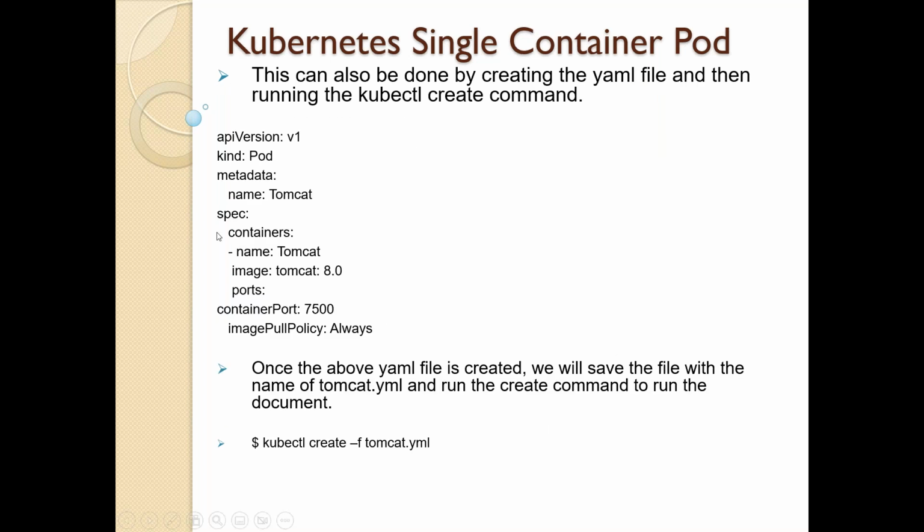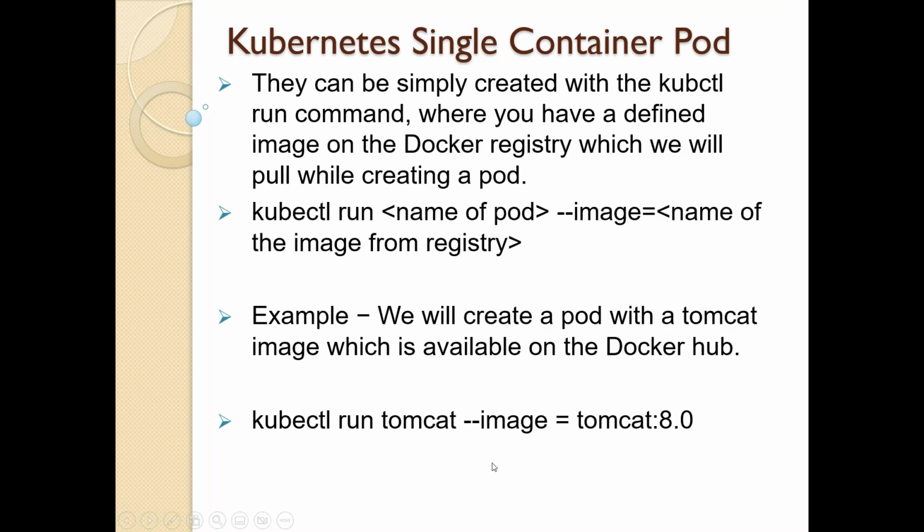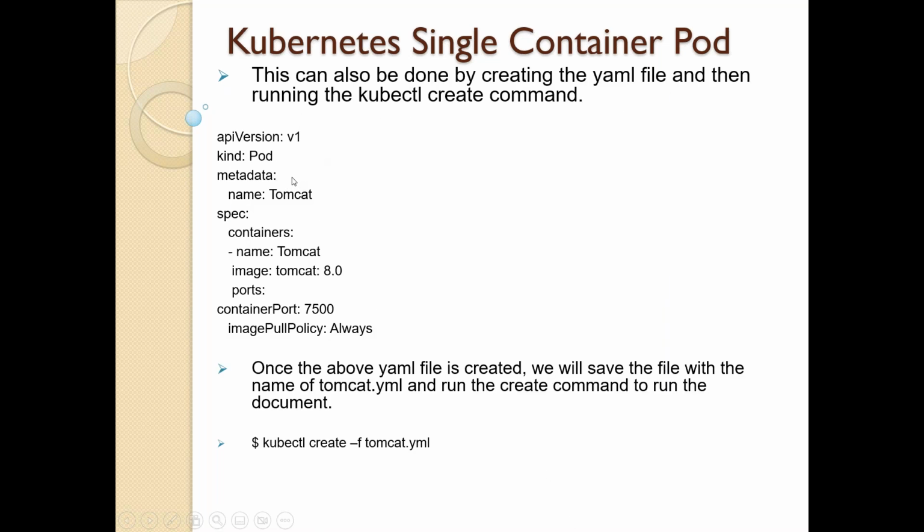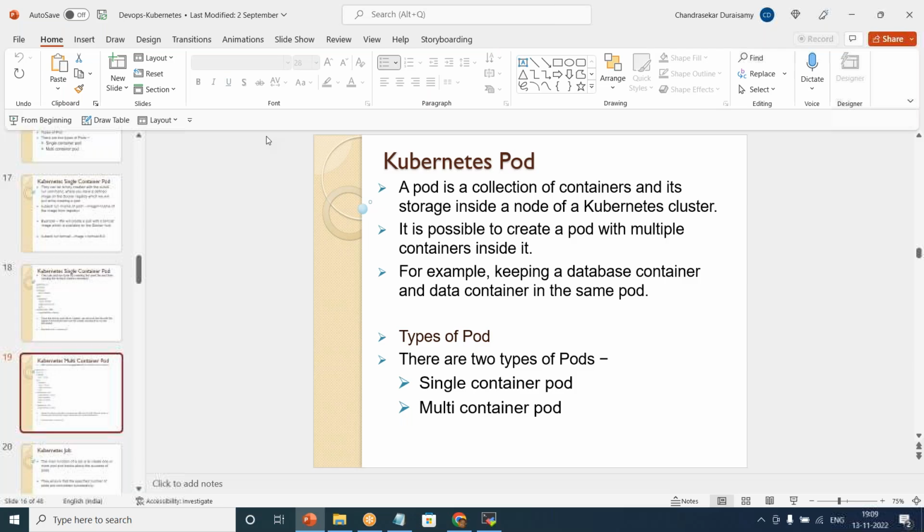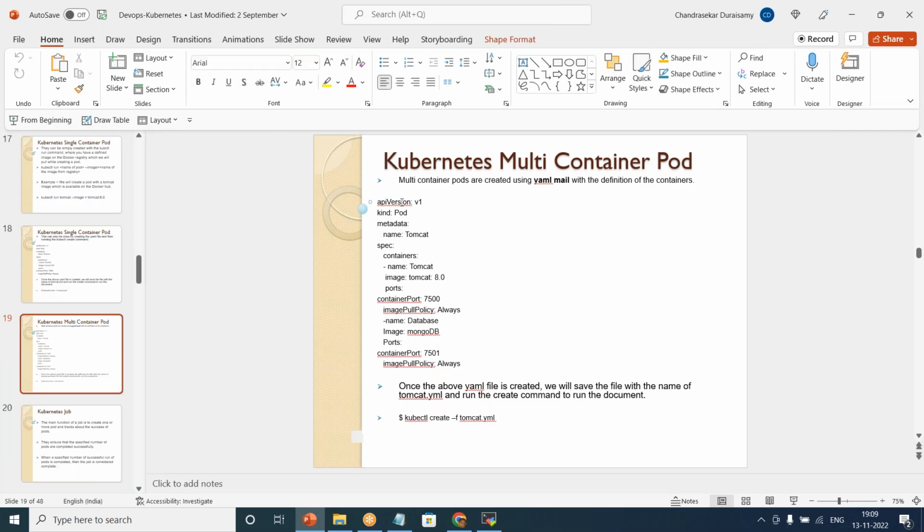This same thing in a single line can be written as a YAML file like this. These are all the keywords that need to be there in the YAML file: apiVersion, kind, which is Pod here, then metadata, data about this one, and you have to give a spec. Under spec, you have to give the container, the name of the image that you want, and which port the container runs in.